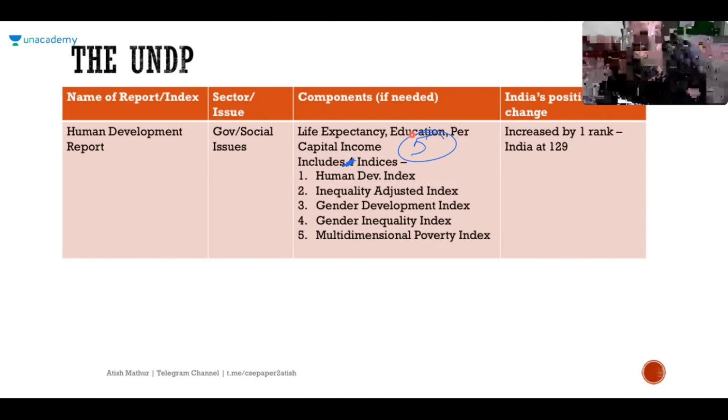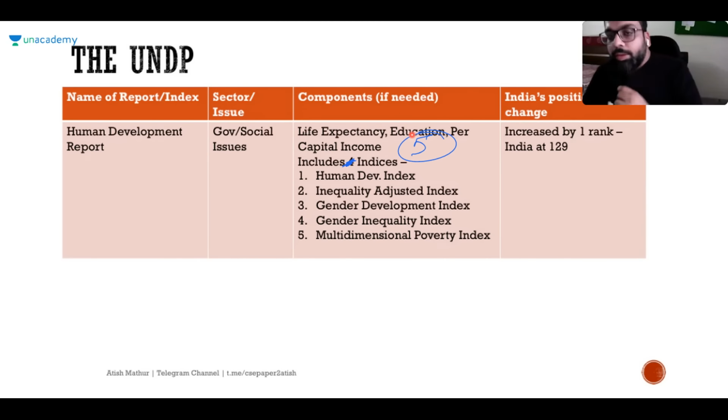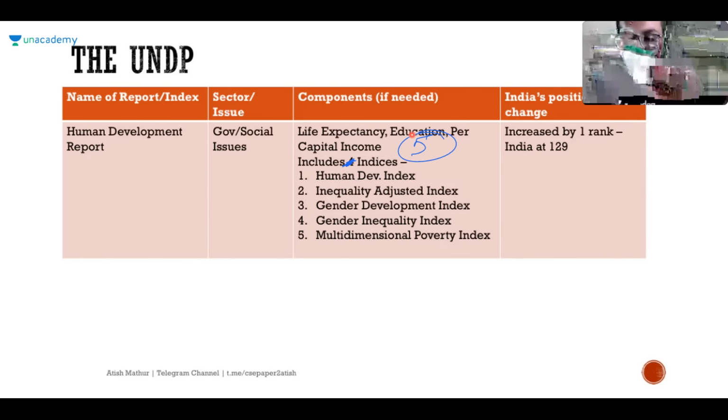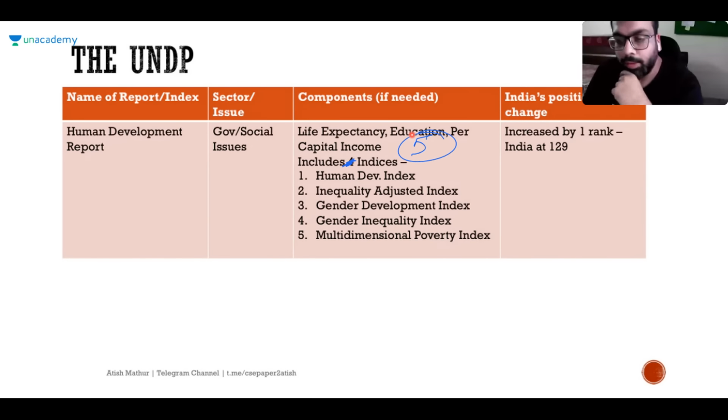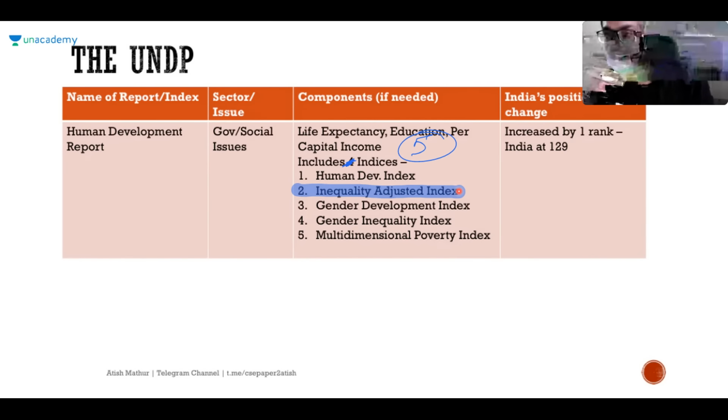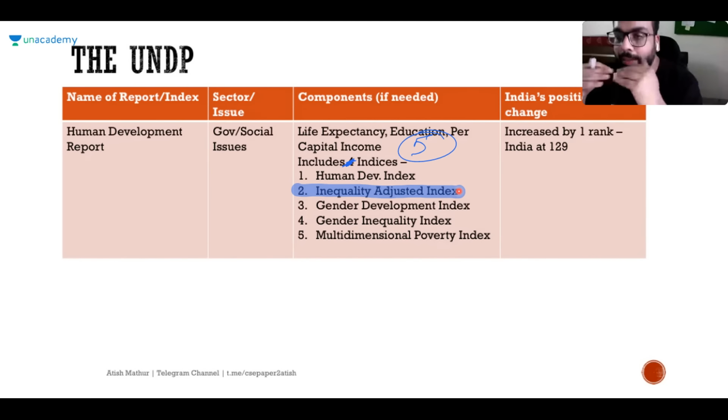The primary idea is the Human Development Report, and on the basis of it, these indices have been created as an outcome of the same. Now, first is the Human Development Index. Second is the Inequality Adjusted Index, which means it's the Human Development Index plus inequality parameters, inequality on the basis of gender, caste, creed, religion, economics, for that matter.